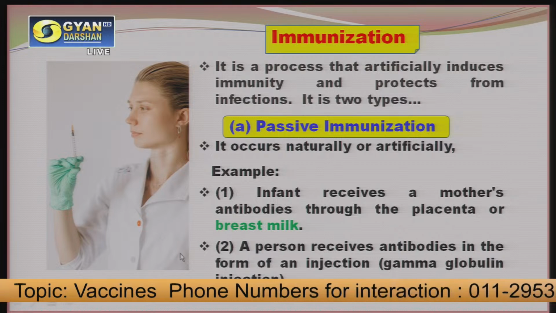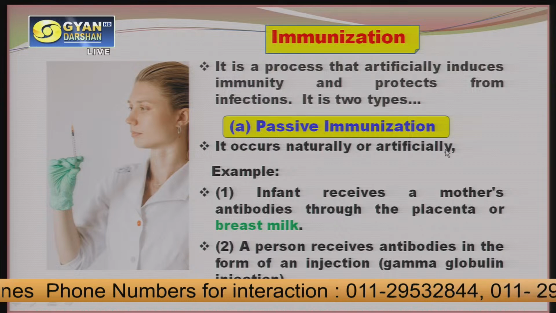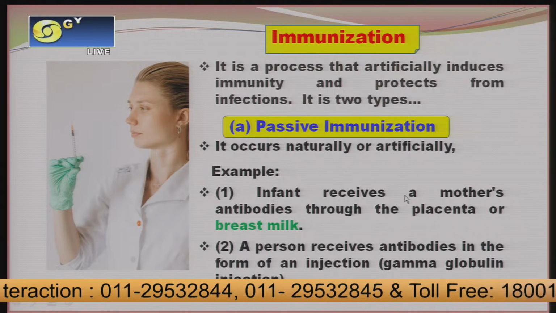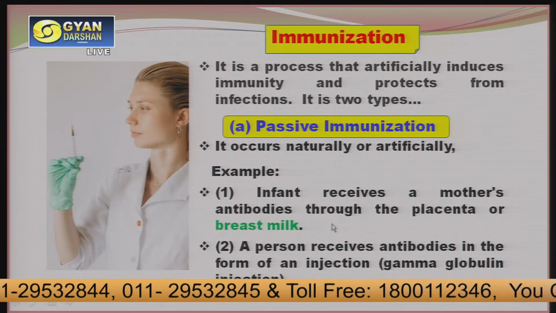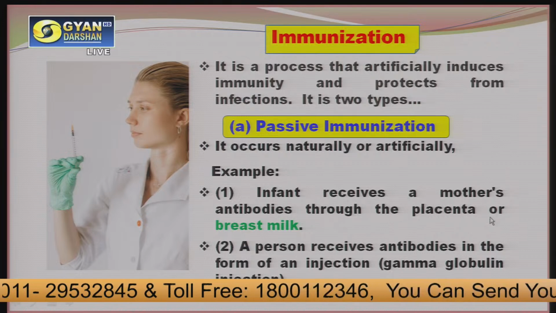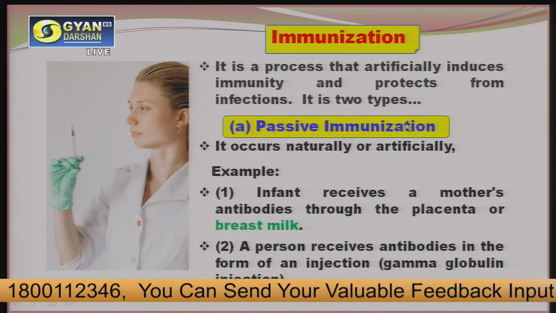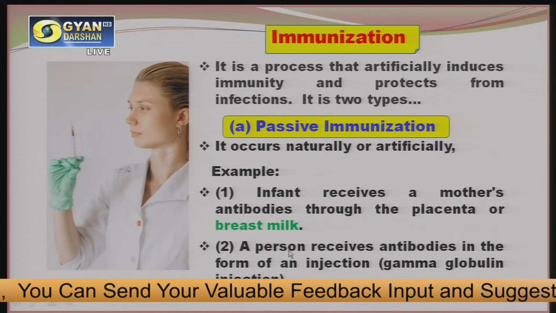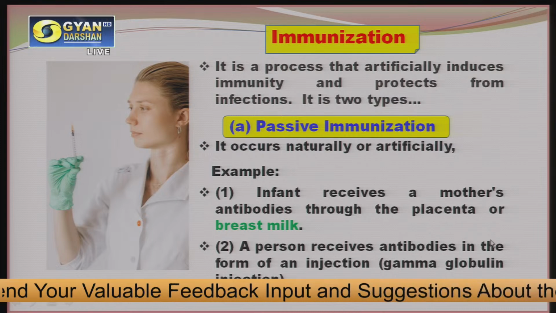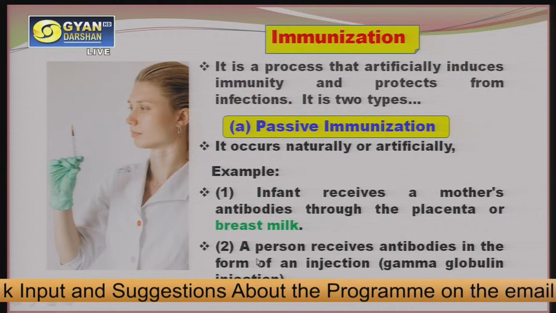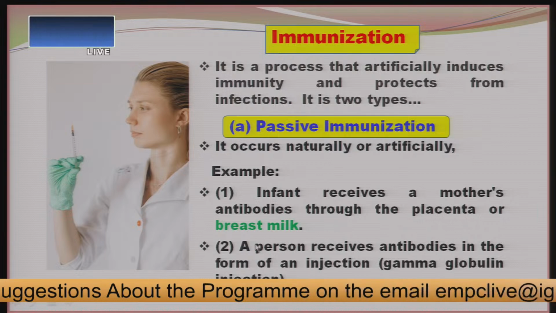In passive immunization, it occurs naturally or artificially. For example, an infant receives a mother's antibodies through the placenta or breast milk. So it is the best example of passive immunization. Another is a person receiving antibodies in the form of an injection, like gamma globulin injection, which we can utilize against particular infections.